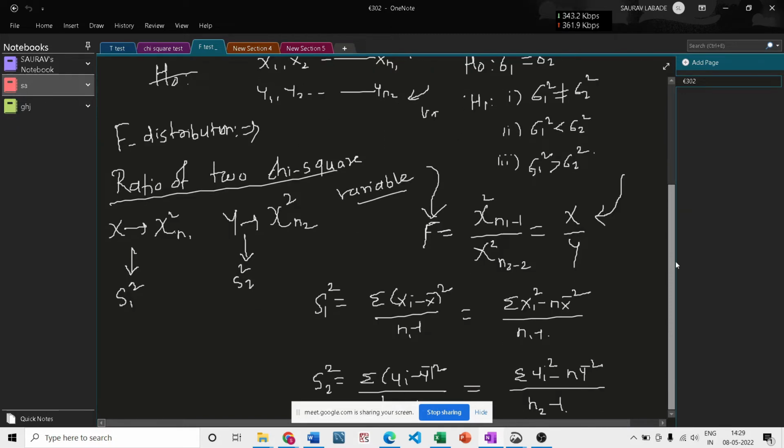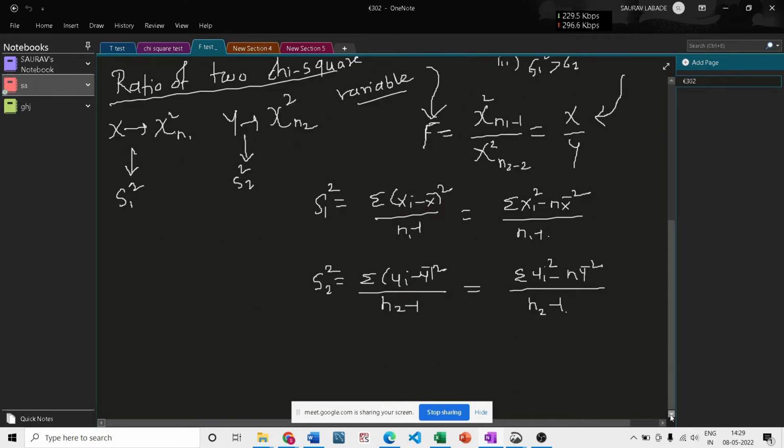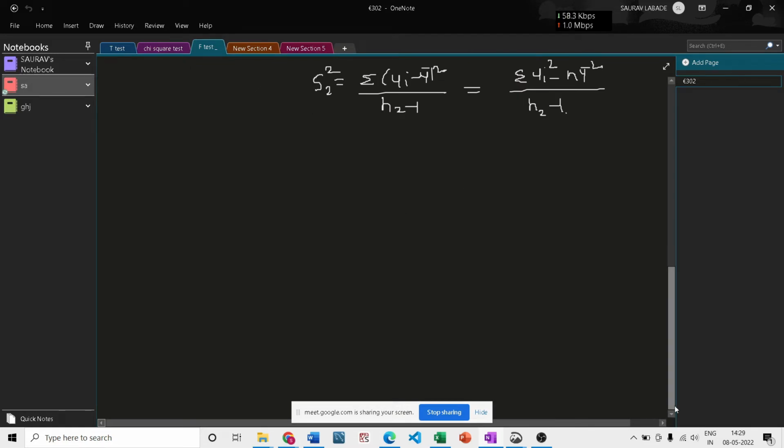Therefore, the test statistic is denoted by the F distribution with parameters n1 minus 1, n2 minus 1. Here it is not multiplication.